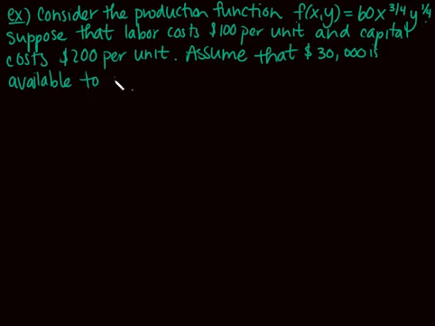I'm not sure I spelled that right. Oh well. All right, so that's my constraint. Assume that $30,000 is available to spend on costs, okay?